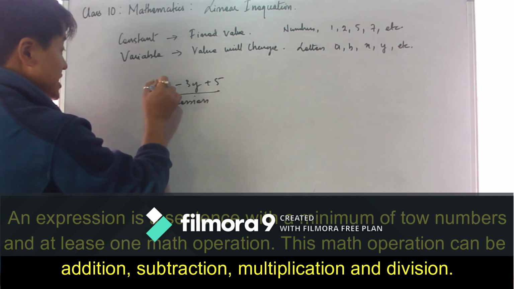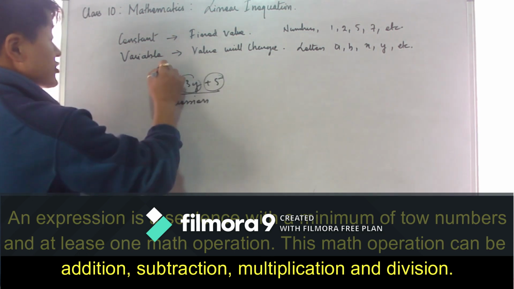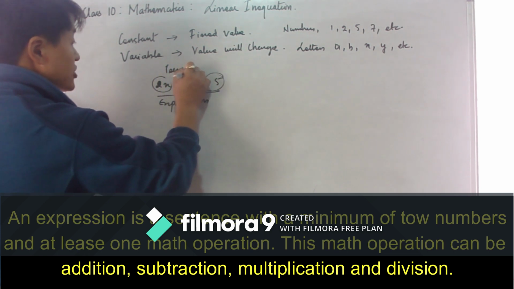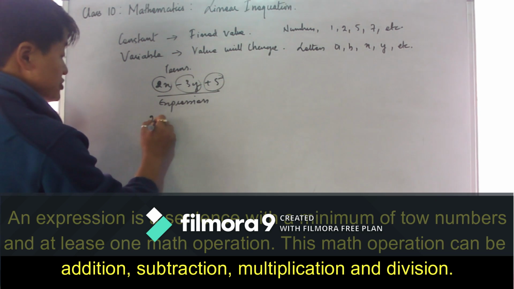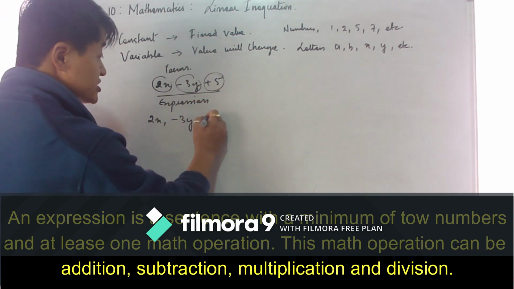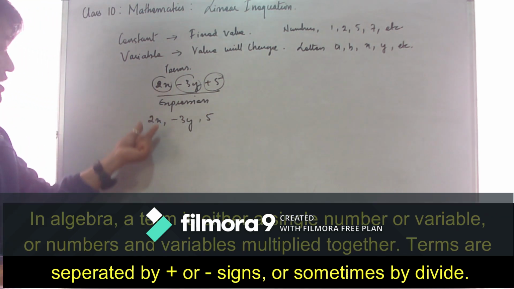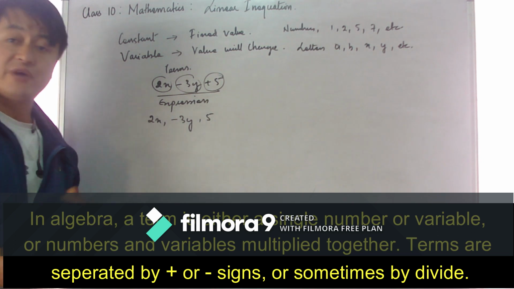So the first term is 2x, the second term is minus 3y, and the third term is 5.